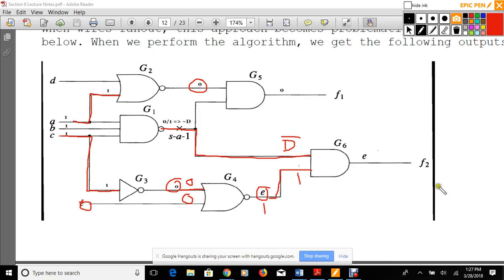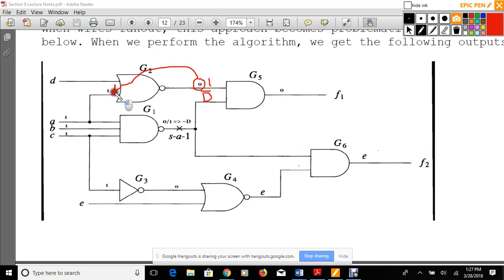So that could work. But same thing, we have to have a 0 on this output here. Well, we put D bar here. We need a 1 here. Right? So D bar, we have to have a 0. Well, unfortunately, that means we have to have a 1 here. If we need a 1 here, then both of these have to be 0.